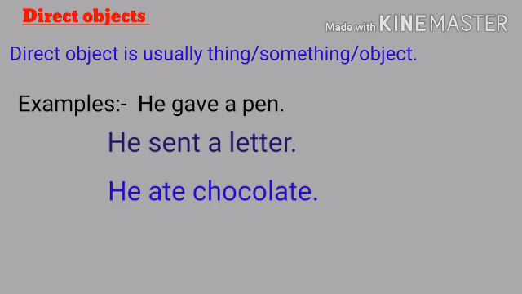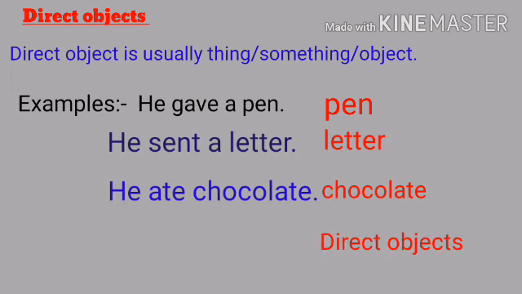Here the words pen in the first sentence, letter in the second sentence, and chocolate in the third sentence are direct objects because they are things or something.